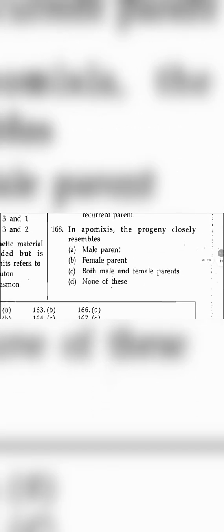Question number 167. In backcross breeding, repeated crossing with the recurrent parent is done to option D, completely recover the genotype of the recurrent parent. Question number 168. In apomixis, the progeny closely resembles the female parent.